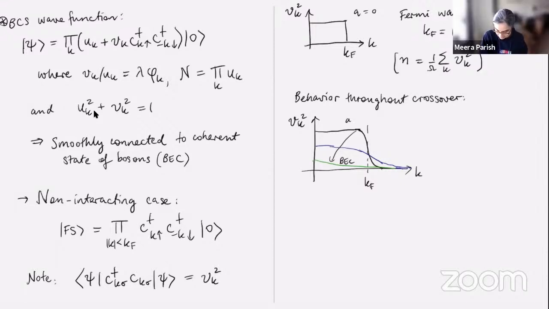I think I'm running a bit short on time, because what I was going to do next was to show you how you can go through and derive all the parameters of the BCS to BEC crossover, like how you derive the pairing and so forth from this wave function.